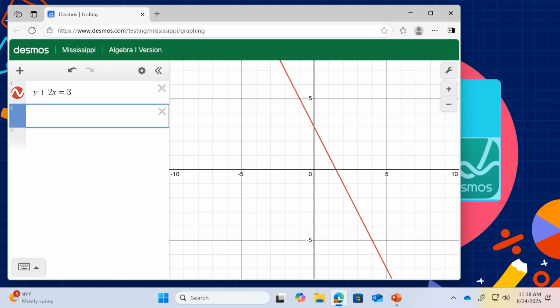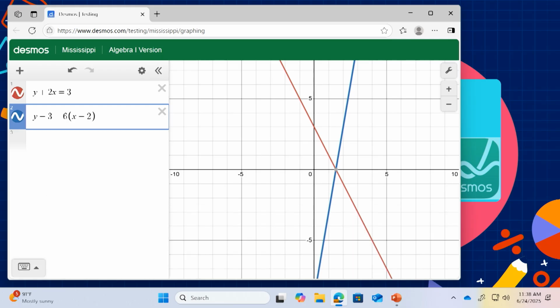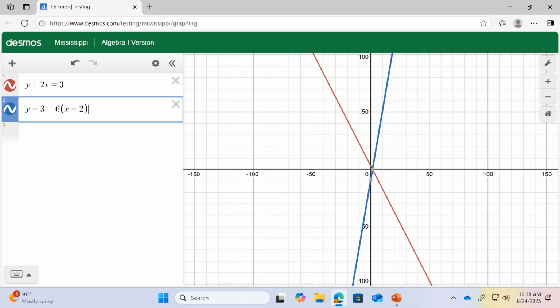So let's look at the next one. My next one was y minus 3 equals 6 times the quantity x minus 2. So let's see what we got here. That is another linear equation.